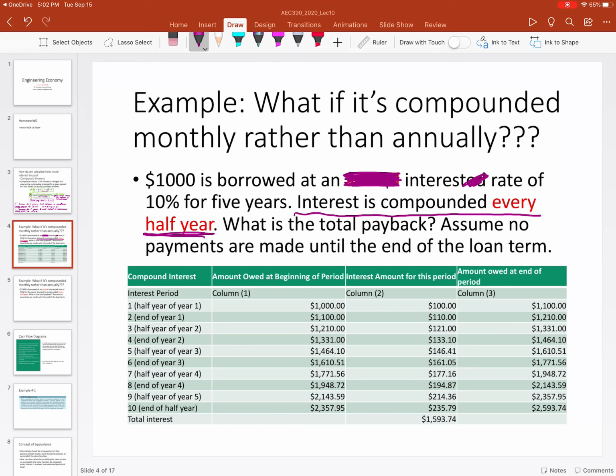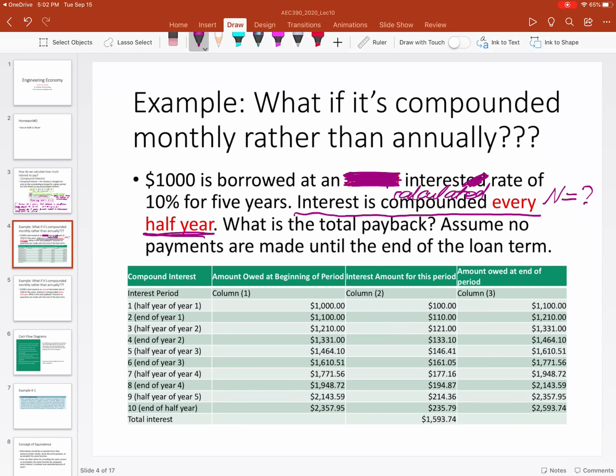Okay, so every time you use the interest rate 10%, and the interest is compounded, which means it's calculated every half year. Okay, so how many times is it calculated during the 5 years?